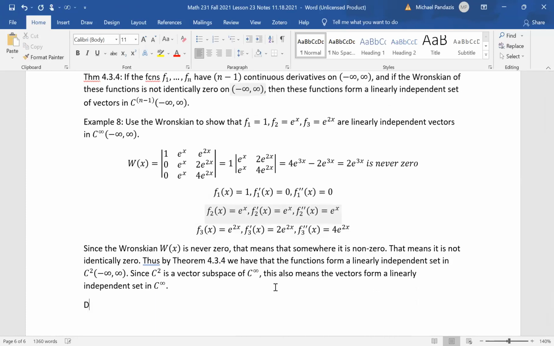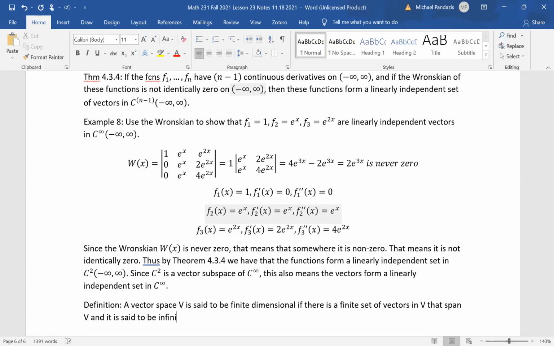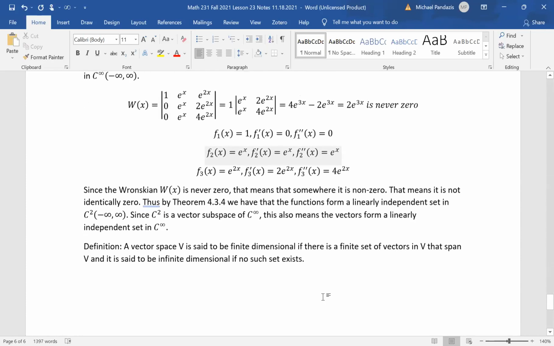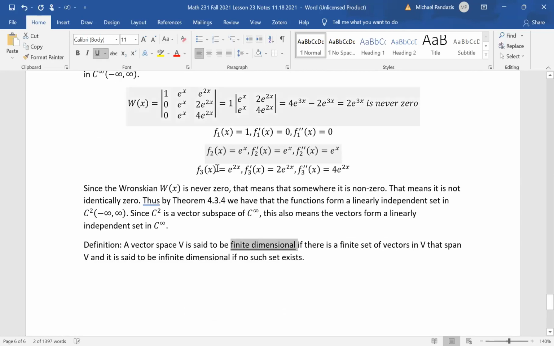Okay, and so another definition: a vector space V is said to be finite dimensional if there is a finite set of vectors in V that span V, and it is said to be infinite dimensional if no such set exists.